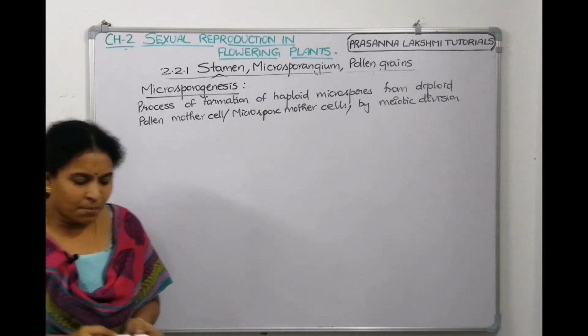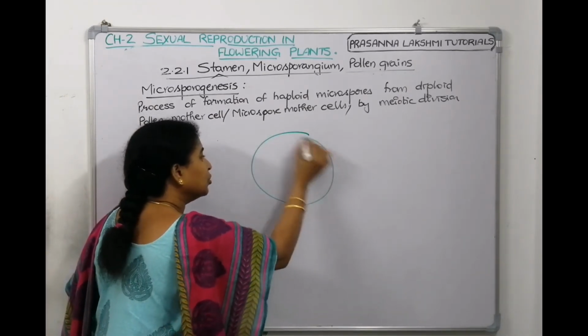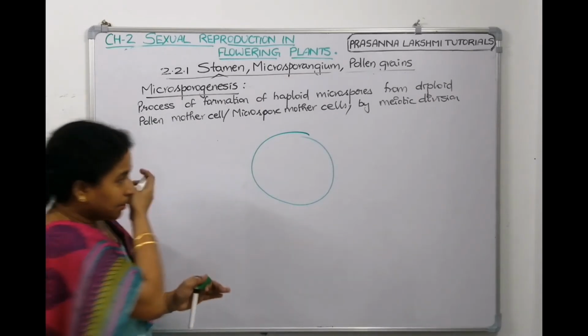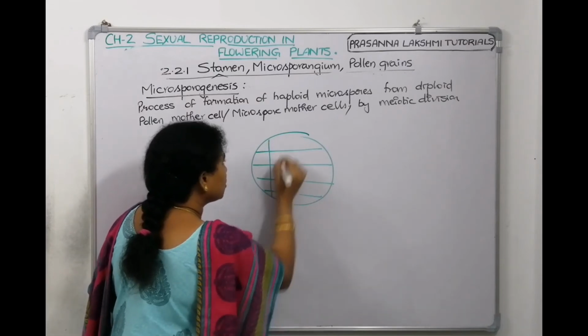The process is called microsporogenesis. Now, this is the microsporangium. The inner content of the microsporangium is the sporogenous cells, the sporogenous tissue.